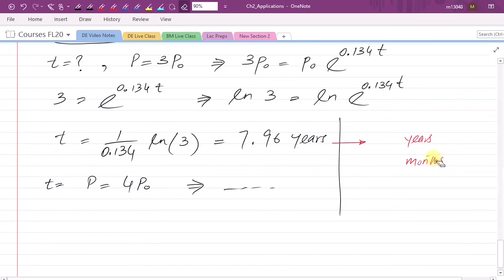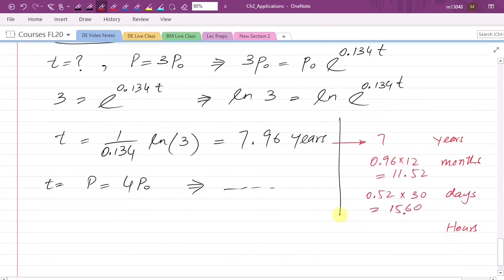Pause the video, think about it. How many years and how many months does it make? 7.96 years. 7 years, obviously, and 0.96 multiplied by 12. Well, that's just for fun.